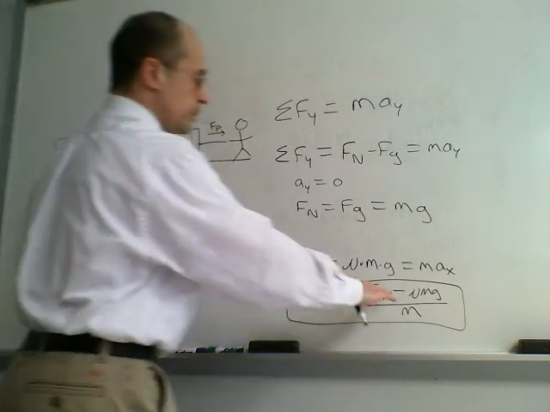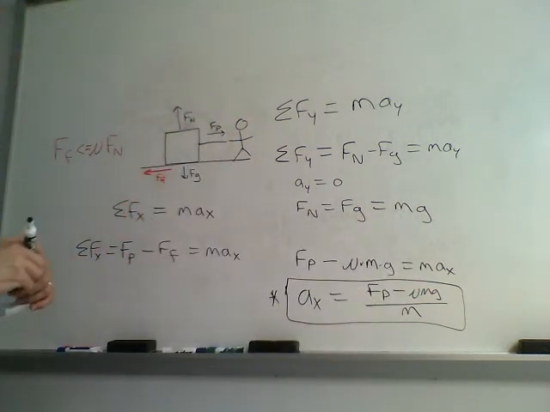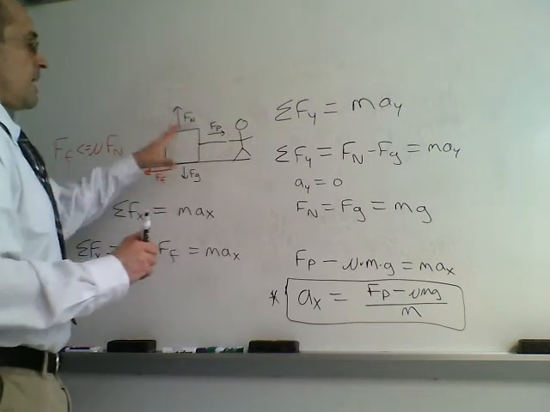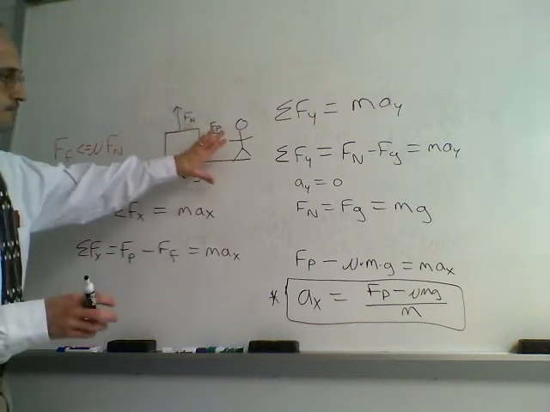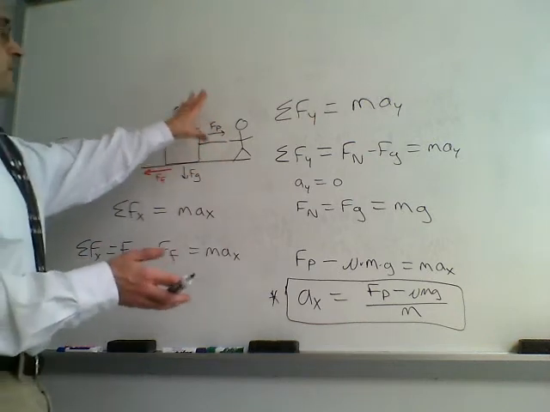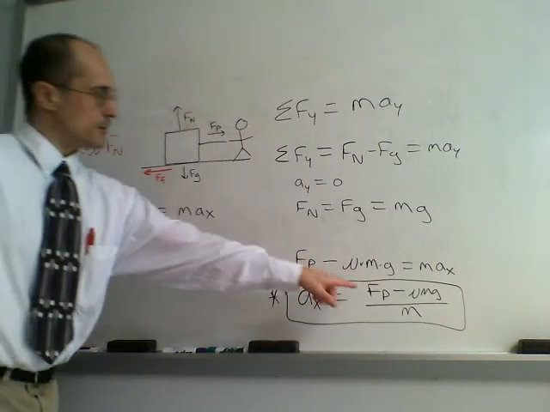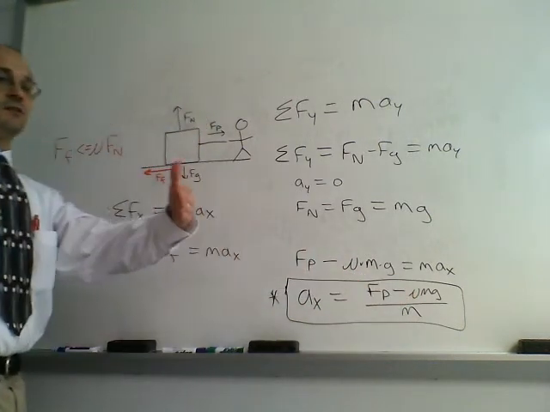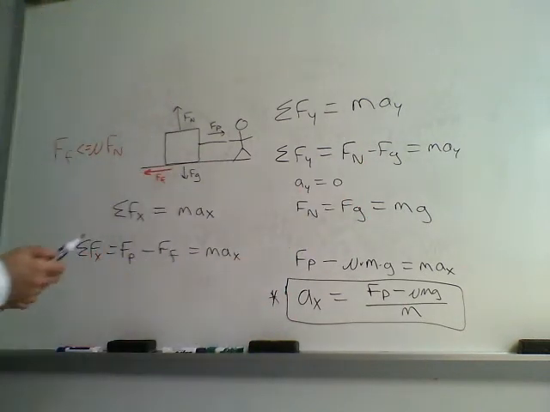And how much larger it is will determine the acceleration of the box, or the combination of the block and box. If Fp is larger than this number, even if it's just a slight bit larger, you'll have some small acceleration and the box will start moving.